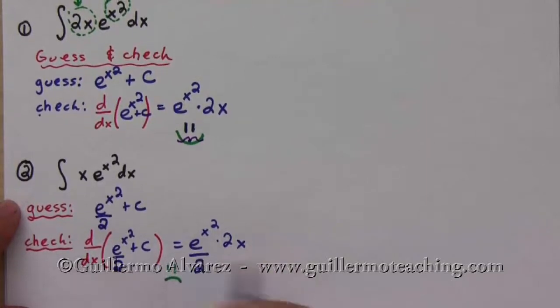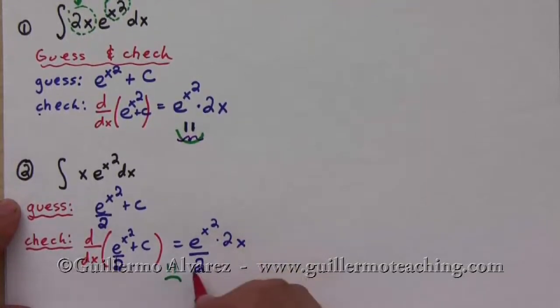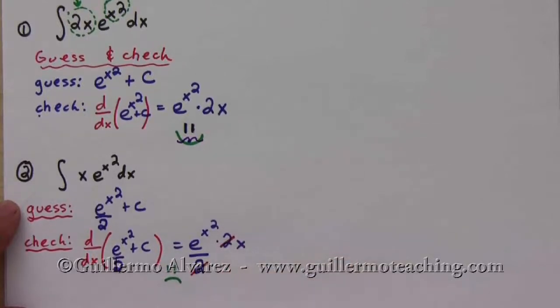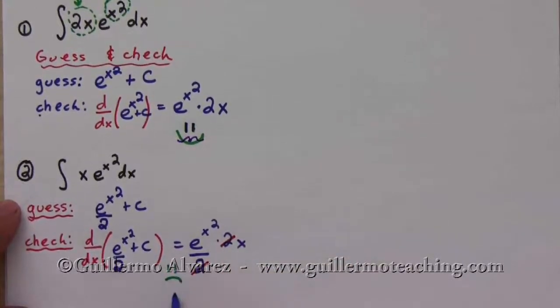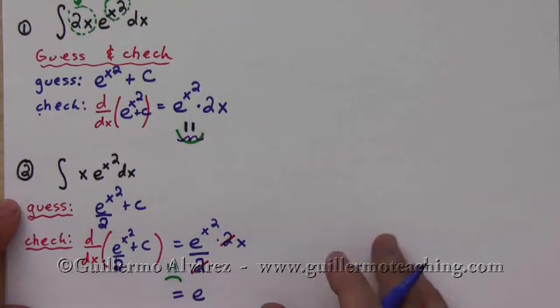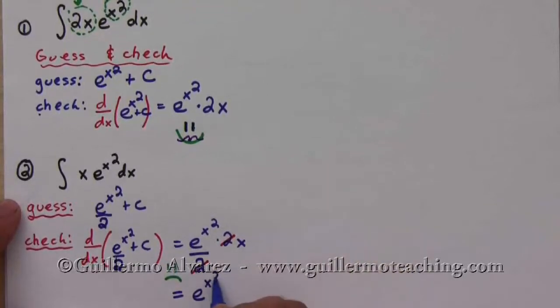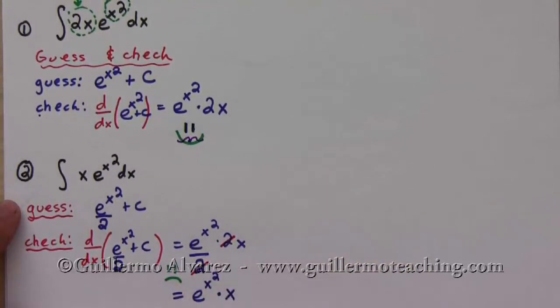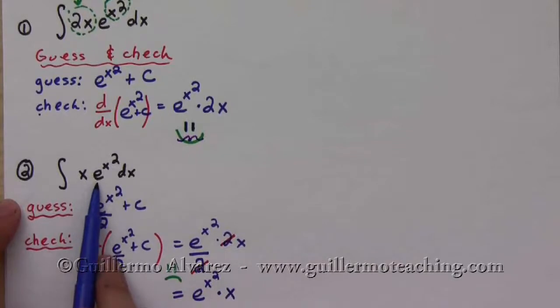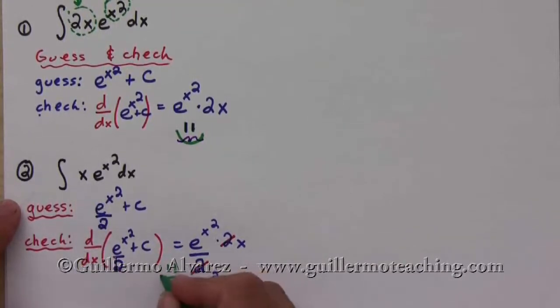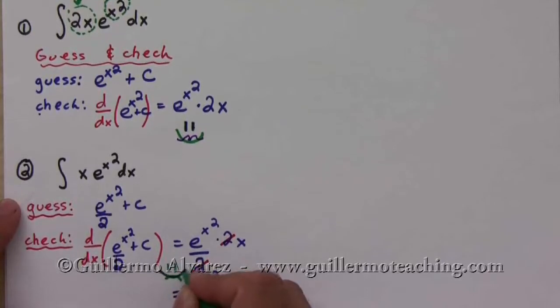When I divide by 2, the 2's cancel, and what I end up getting is e to the x squared times x, which is exactly this right here, and that turns my frown upside down.